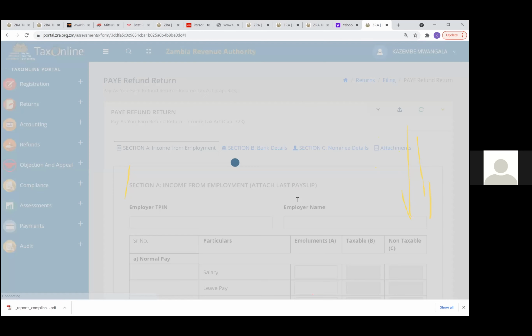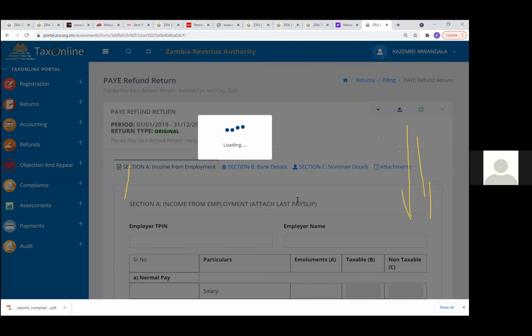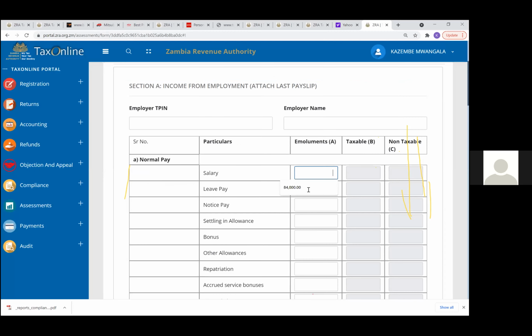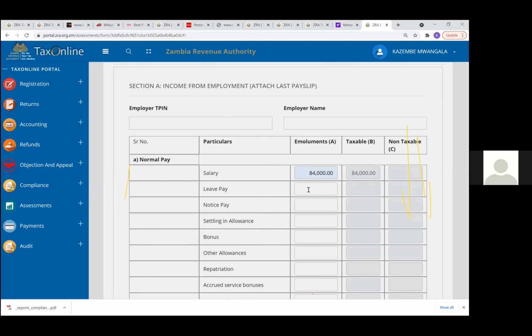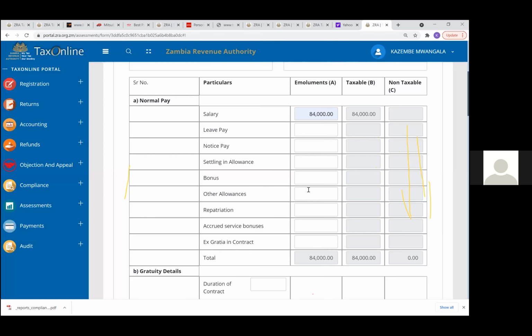So let me use an amount like this one, 84,000. On the 84,000, tax already paid should be 13,560.